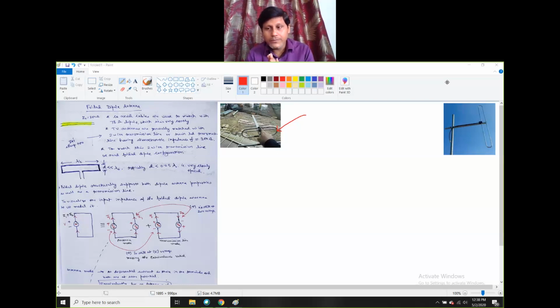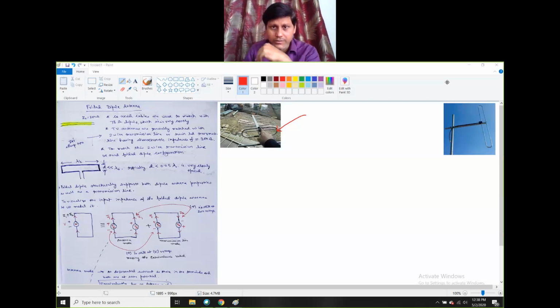We were using the twisted pair configuration; the wire was a twisted pair. Coaxial cable is very costly, so we are not using coaxial cable for the TV antenna configuration. That means the Yagi-Uda antenna was supported by a folded dipole.